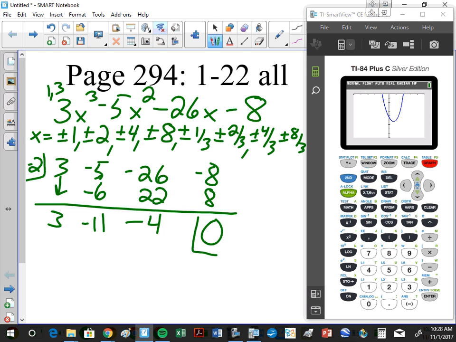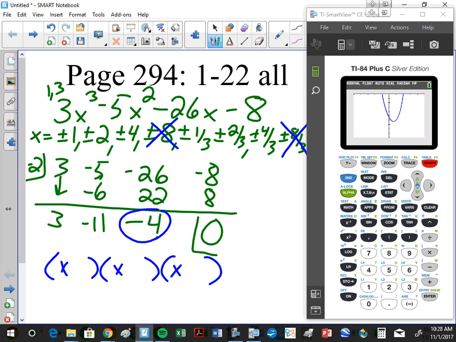Well, -2 works. But my new constant is a -4. Anything with an 8 no longer applies because my new constant is a 4. So here is what I have found.